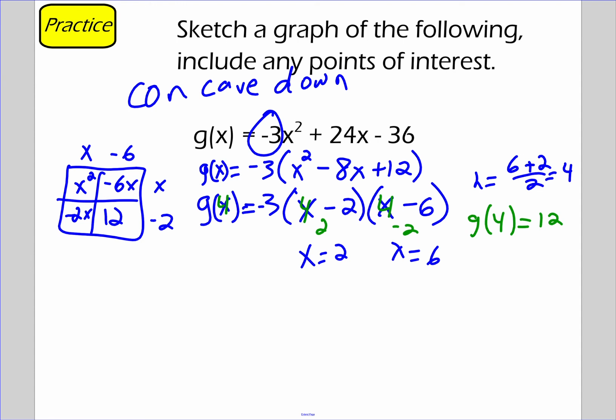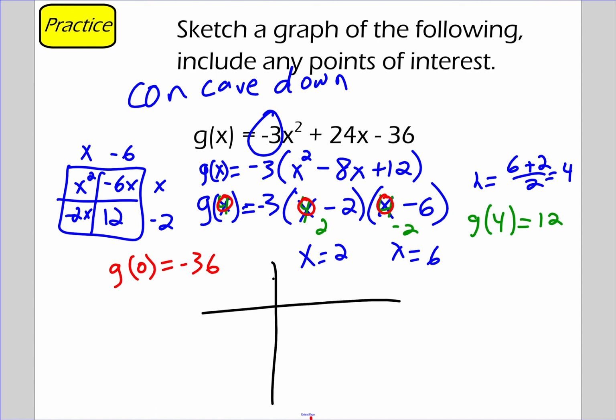The only other thing we need to do is figure out our y-intercept to fill this out. So we plug in 0. -3 times -2 is positive 6, and then positive 6 times negative 6 is negative 36. So there we go. We have everything we need in order to get a decent graph of this.